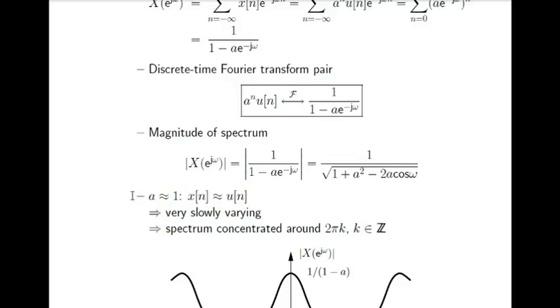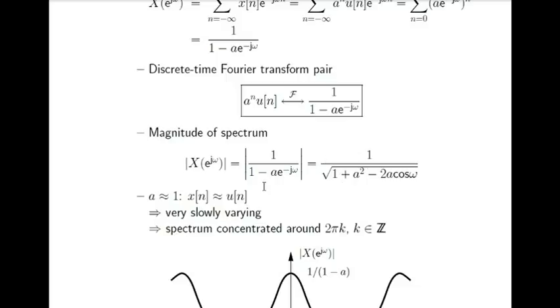So there are some facts for this magnitude. If a is comparable to 1, let's put the value of a here: it is 1 plus 1, 2 minus 2 cos omega, then it is tending to 0.